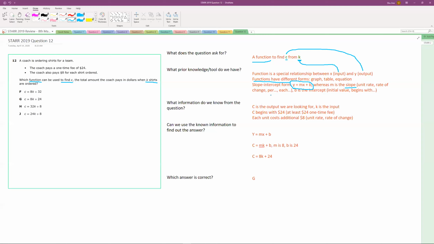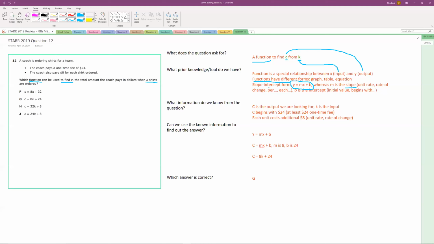When you read something like per or each something, that's usually the slope, or the m. And b is the intercept. Intercept means the initial value, something you begin with. Okay. Now we are going to review this slope-intercept form by examining the question.